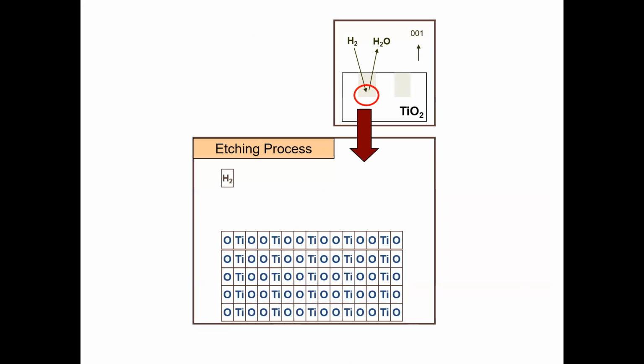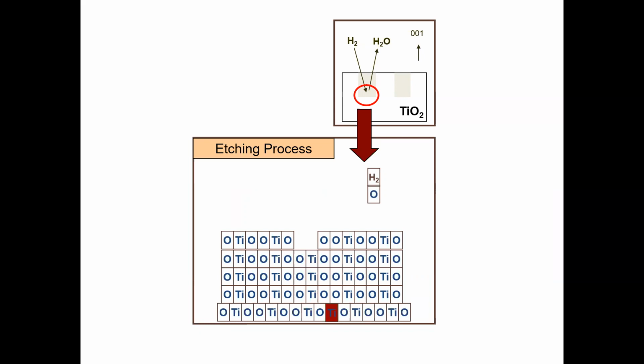So what is the mechanism? What we think is hydrogen is reacting with TiO2 and breaking the Ti-oxygen bond on the surface, taking oxygen out as H2O. A natural question is, what is happening to titanium?